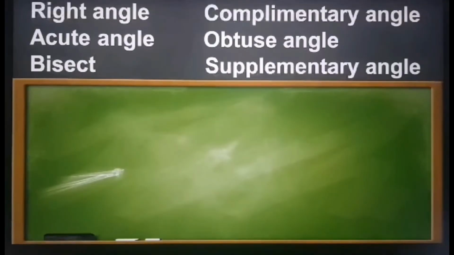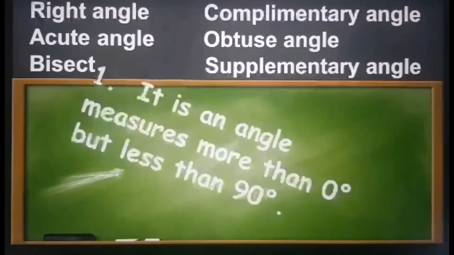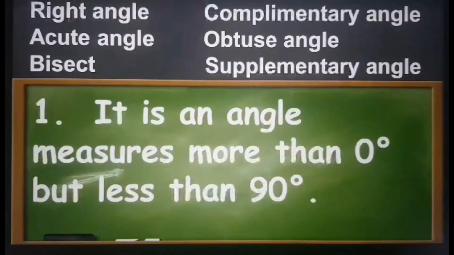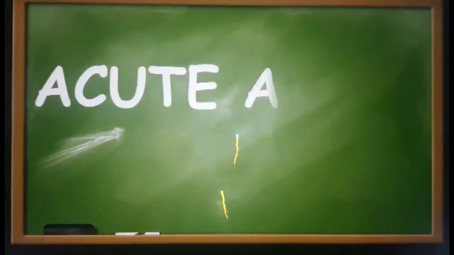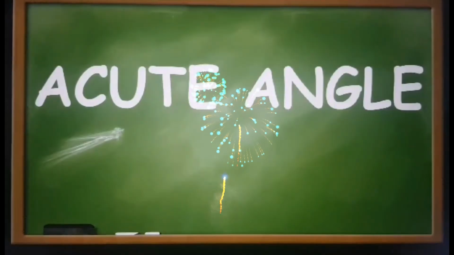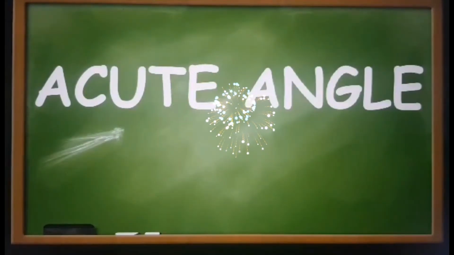Let's begin. Number 1. It is an angle measure more than 0 degrees but less than 90 degrees. The correct answer is acute angle. That's right.